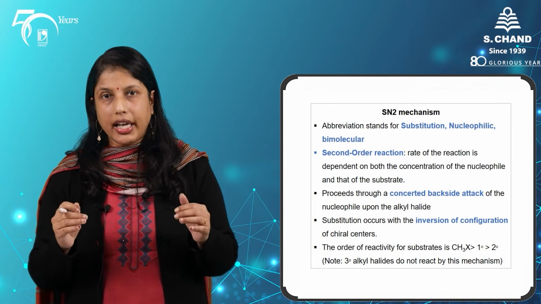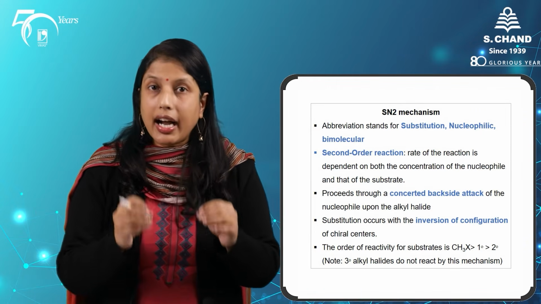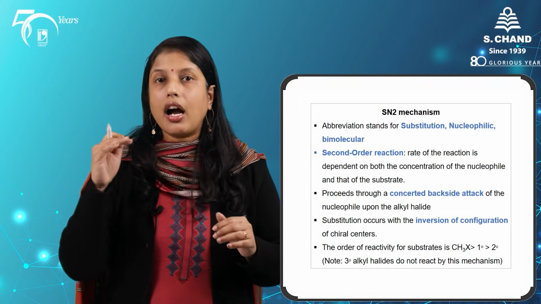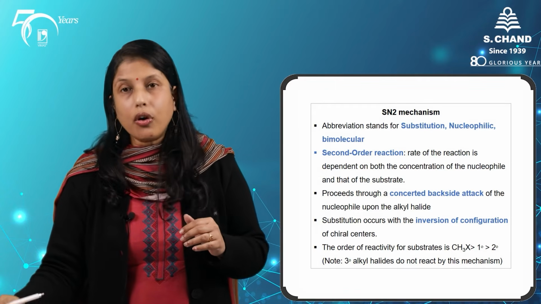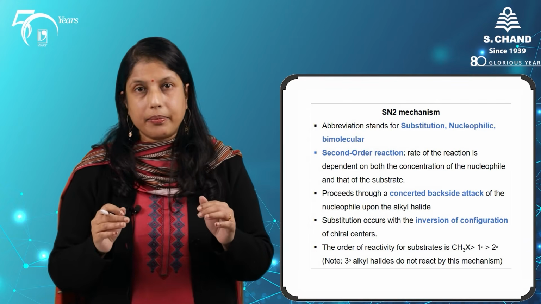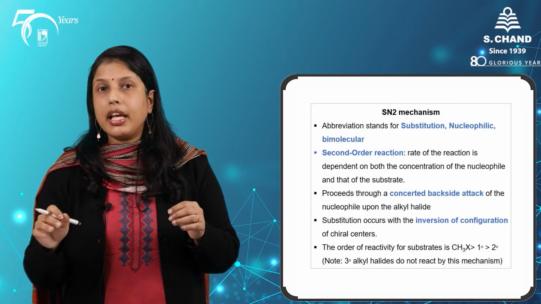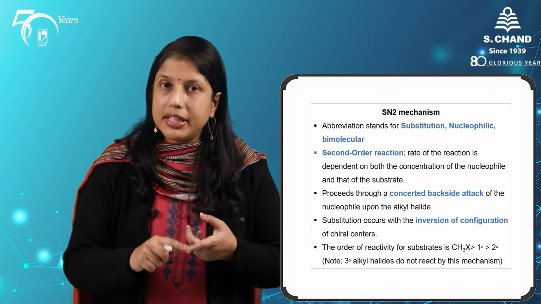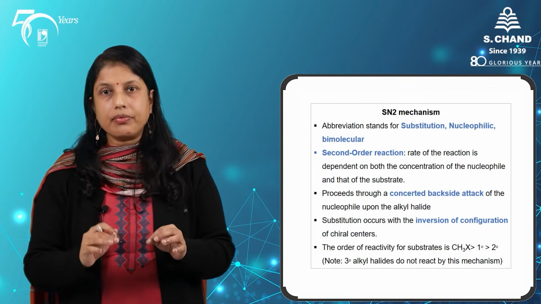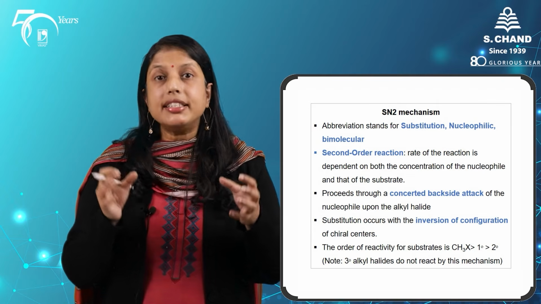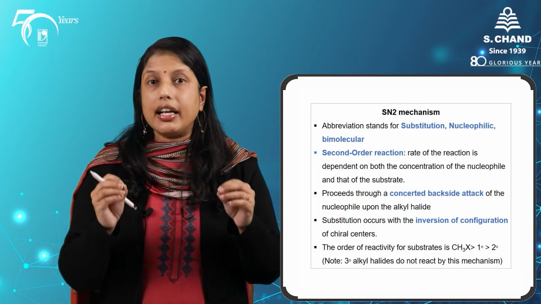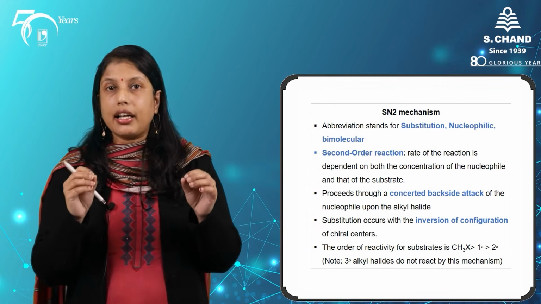And that is why our alkyl halides, where the halogen leaves as a halide ion, are such good substrates for an SN2 mechanism. Next is steric effect. This SN2 mechanism works best for methyl halides and for most primary alkyl halides. Secondary alkyl halides are a bit sluggish or slow in their reaction. And our tertiary alkyl halides do not react at all.